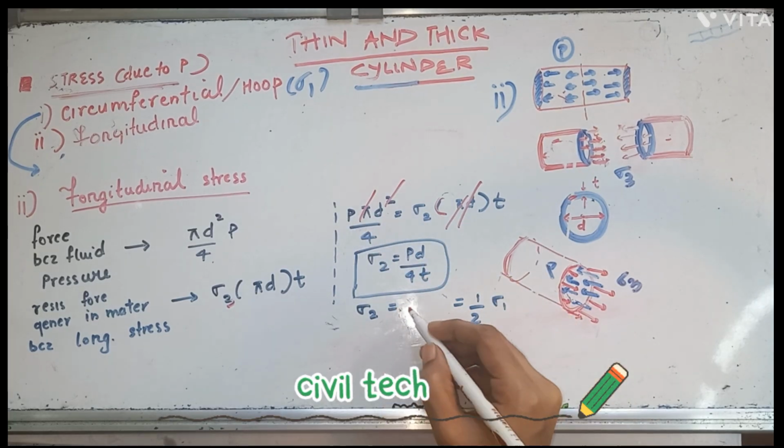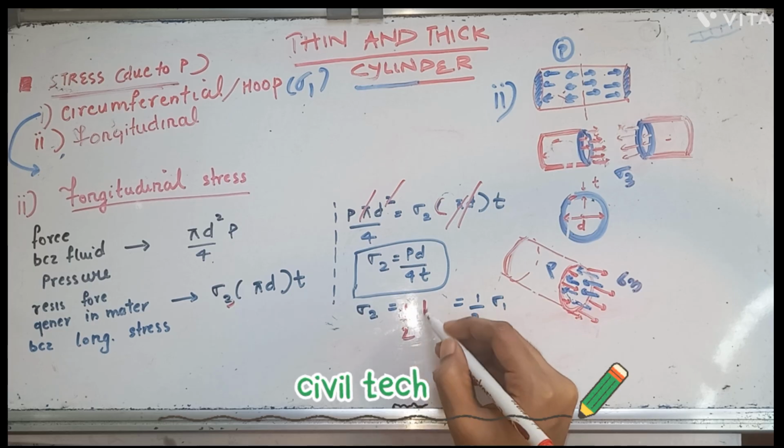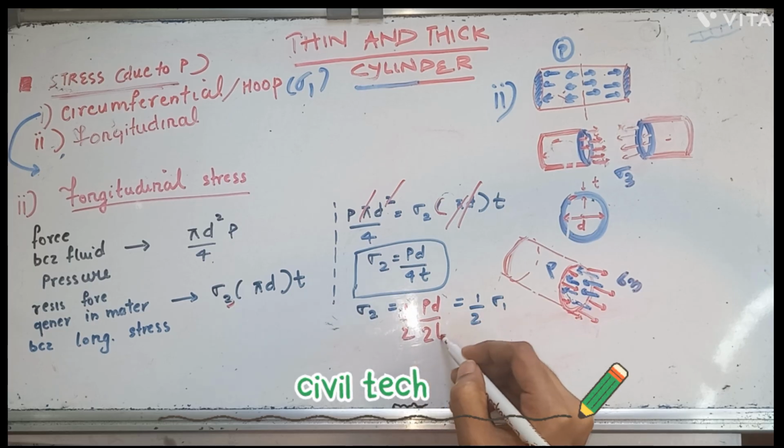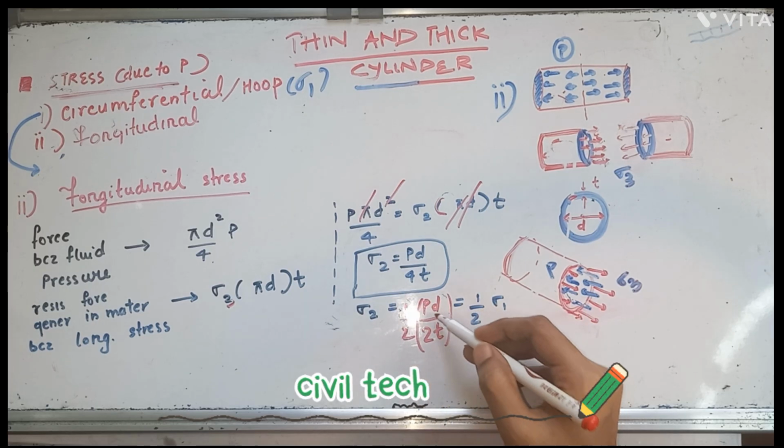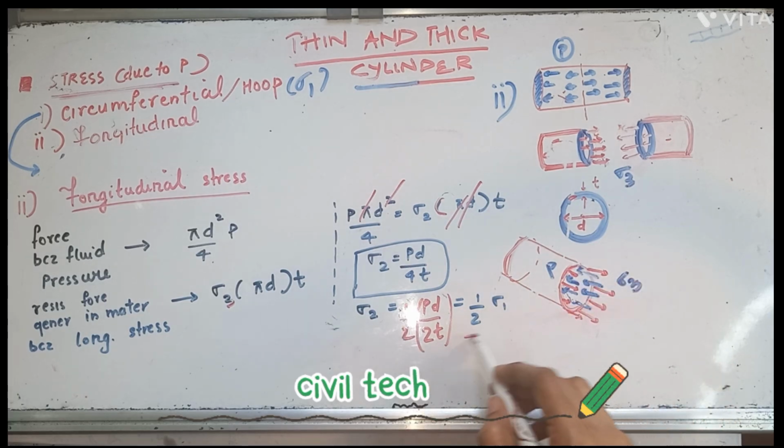So sigma 3 can be written as half of Pd by 2T. What is Pd by 2T? It is sigma 1. So half of sigma 1 is sigma 3.